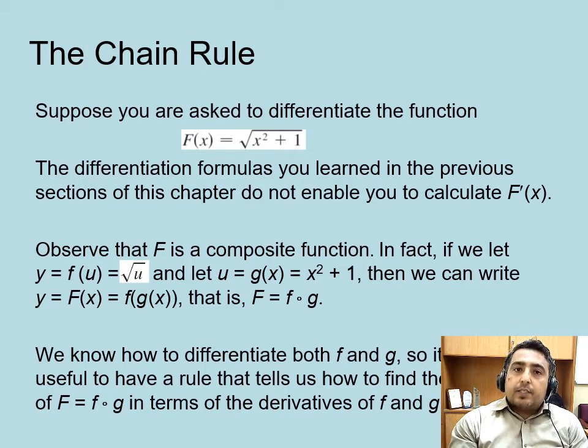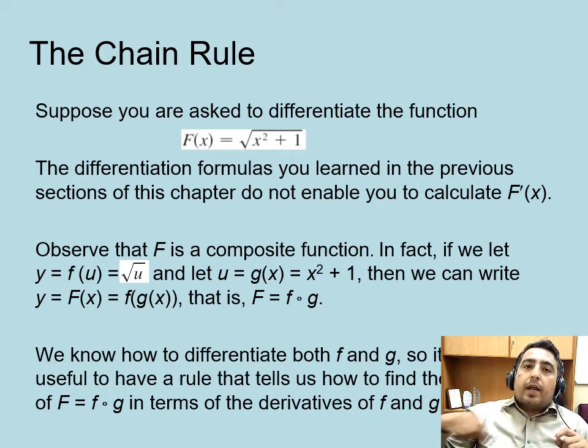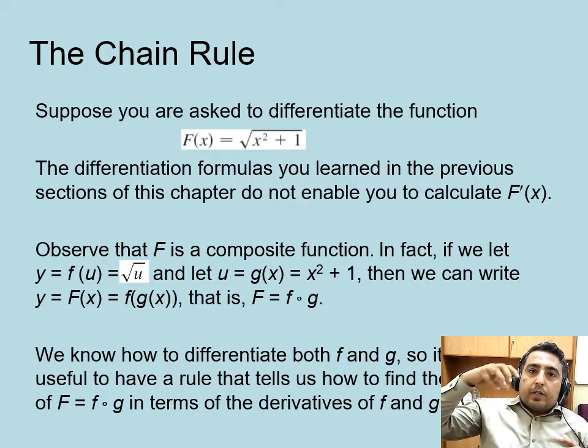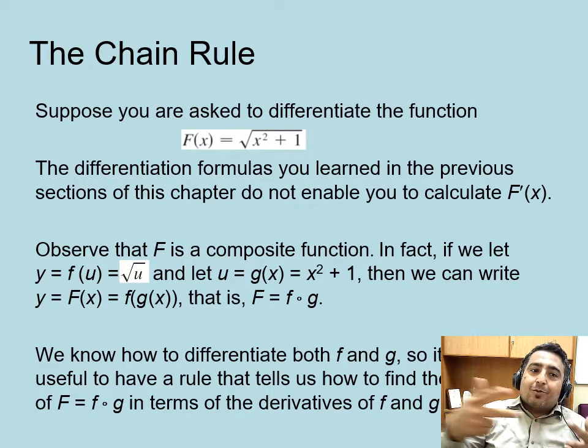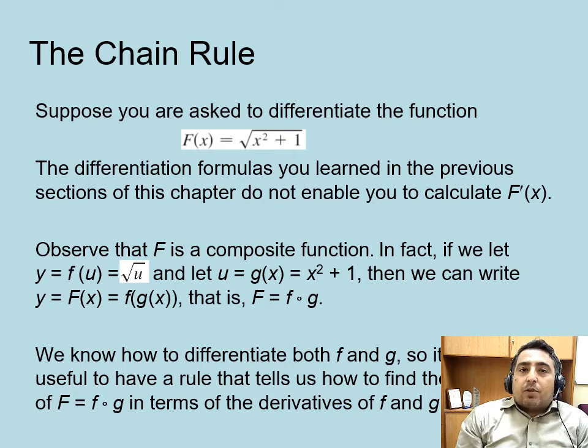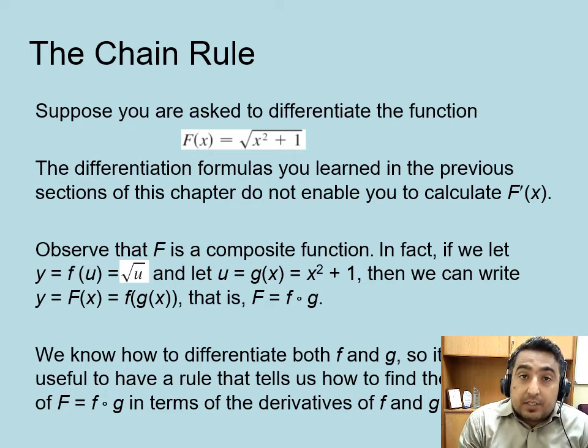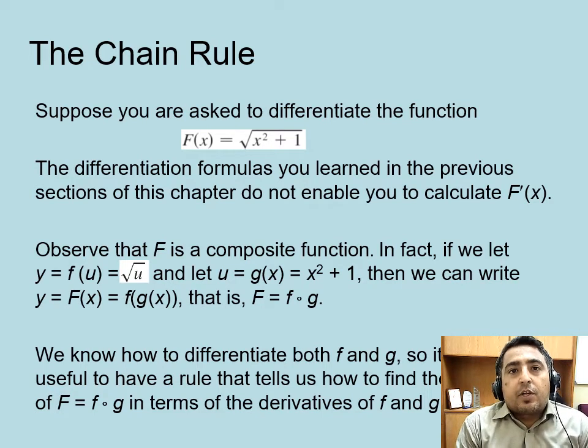One function is x square plus 1, which maps x to x square plus 1, and the other function maps x square plus 1 to its square root. So this square root of x square plus 1 can be considered as a combination of two functions.